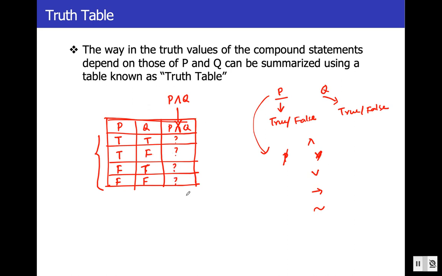So a truth table looks like this, where we use it to keep track of the value of a compound statement depending on the values of the elementary statements, with all combinations.